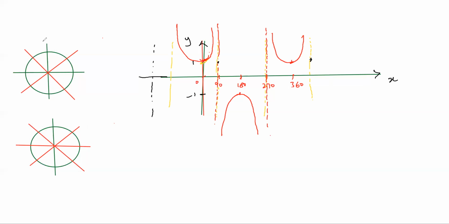If you have tan theta, tan is 0 here, 1 here, infinity here, minus 1 here, 0 here, 1, infinity, and minus 1. So when you have the cotangent theta, the reciprocals: this will be infinity here, 1 here, 0 here, minus 1 here, infinity here, 1 here, 0 here, and minus 1 here. So that is what you have to show on this graph now.